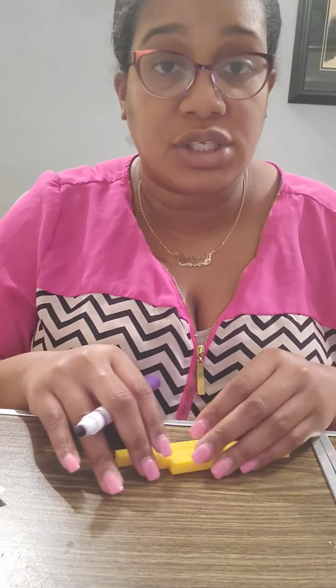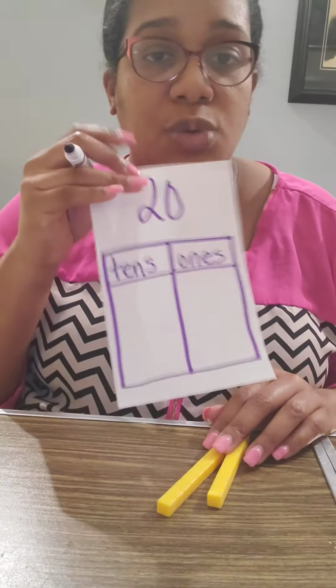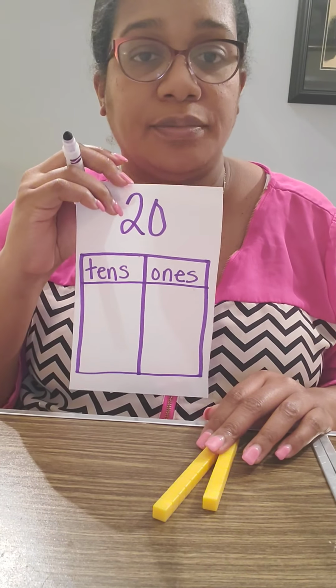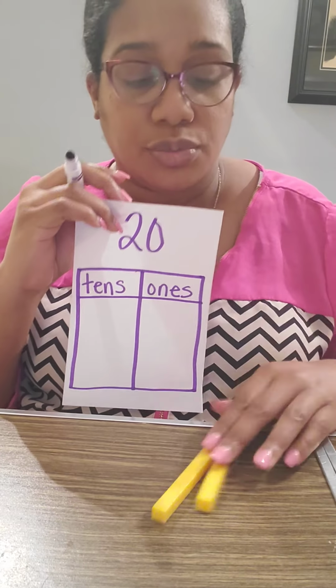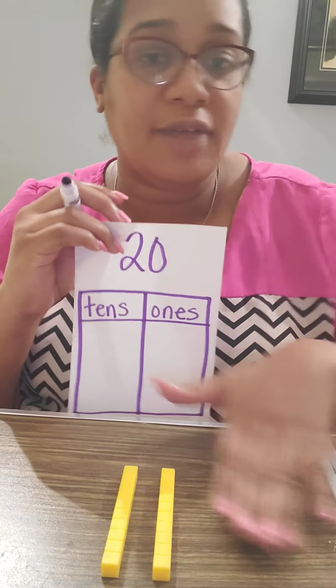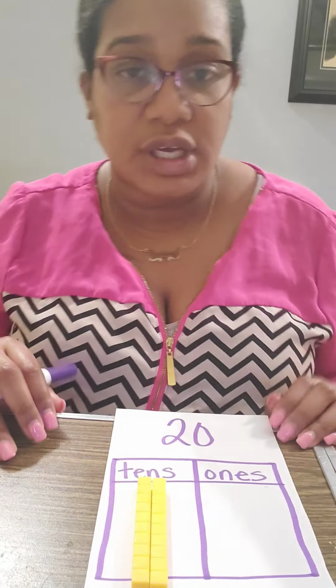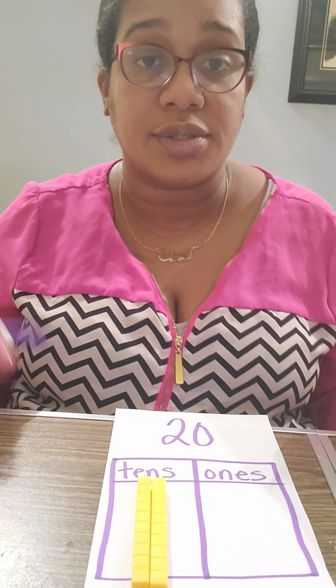I just don't have any. But for my tens, for the number 20, I need how many? You guessed it, 2. So I have 2 tens. I have no ones. Put it on your place value chart. I have 2 tens. I have no ones.